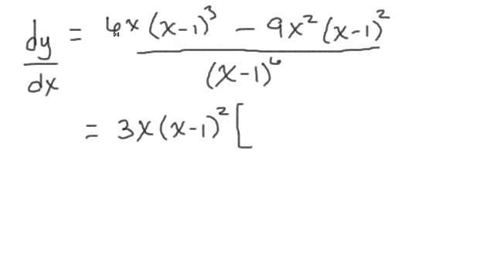Now, if I pulled a 3 out of here, we'd be left with 2. Of course, we pulled out this x. I pulled out 2 of these x minus 1, so that leaves us with 1, x minus 1. And that's going to be a minus. We pulled 3 out, so that's going to be a 3 there, and left with just an x. Okay, I hope you were able to keep up with all that.